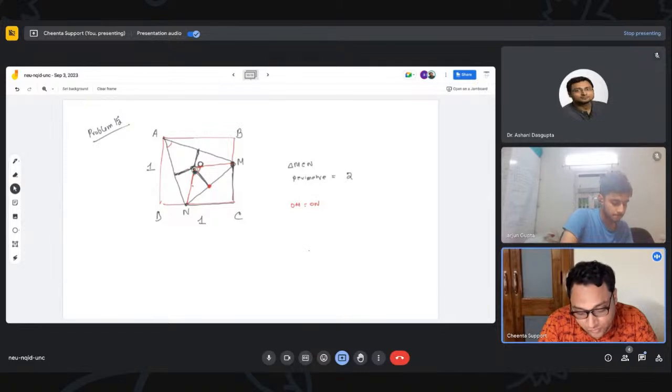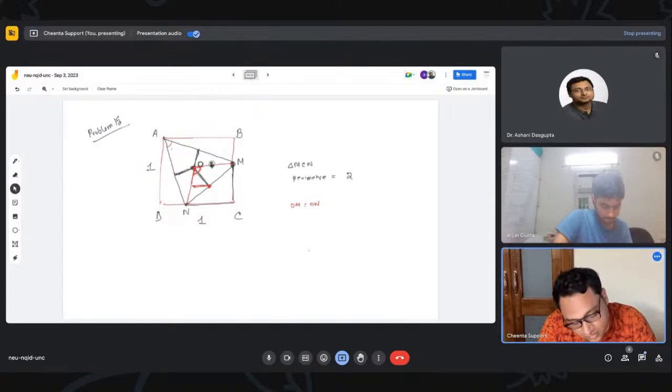So if this is more than 45, then this is an obtuse angle. In that case, it's possible that it goes outside. So anyway, you draw the circumcenter.